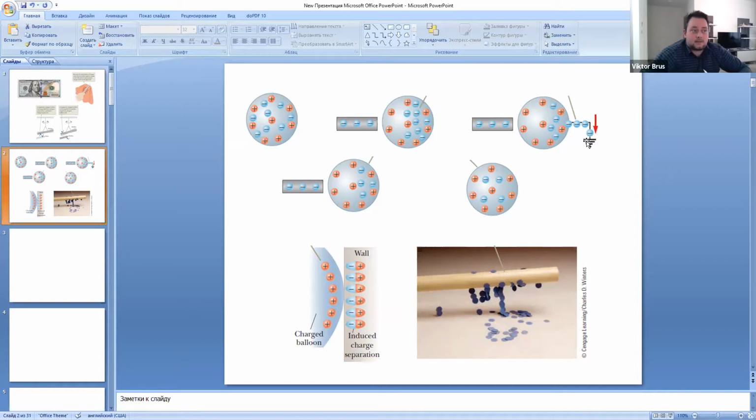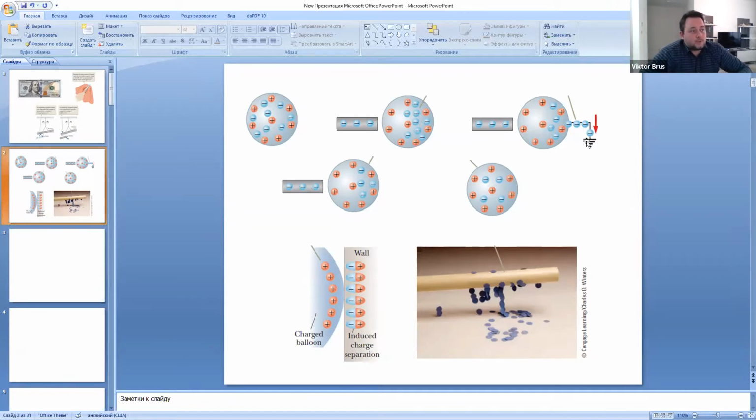This is very important because ground can always be considered as the same potential. We can set it to 0, and that's a very useful concept in electricity.